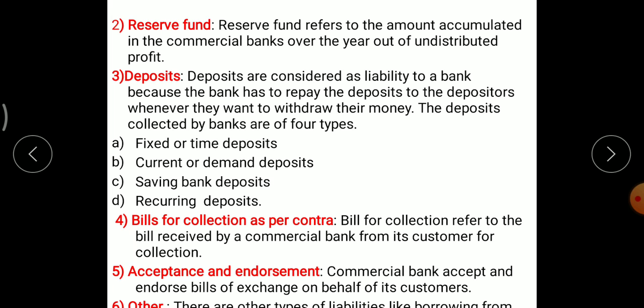When the bank is in need of money, it may borrow from other banks. As a last resort, it can borrow a loan from the central bank also. The amount borrowed from the other bank has to be repaid. So this is all that comes under the liability side.